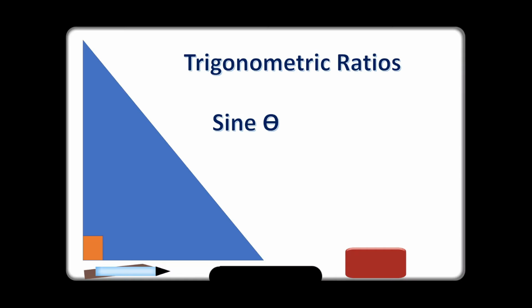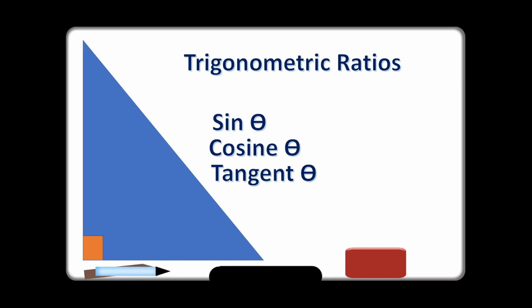There's sine theta, cosine theta, and tangent theta. We usually shorten them to say sine theta, cos theta, tan theta.